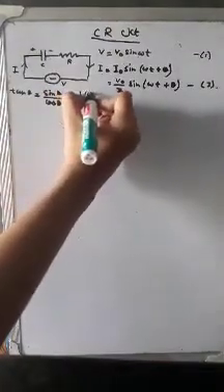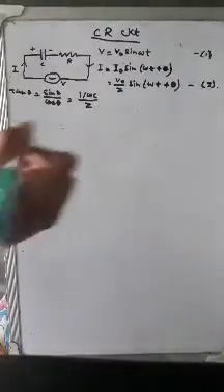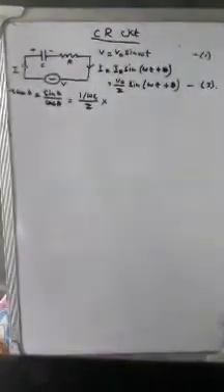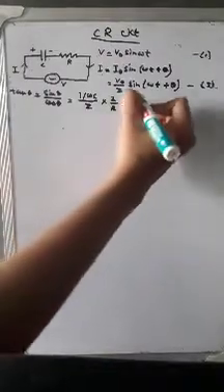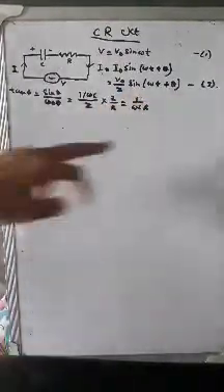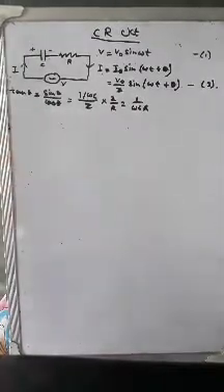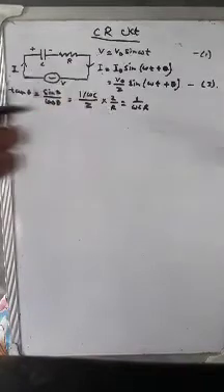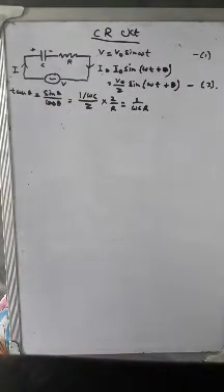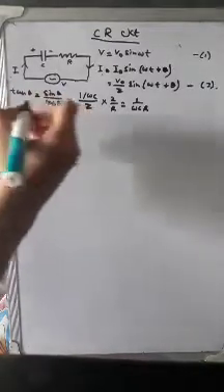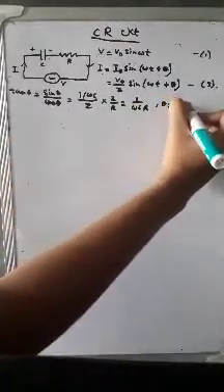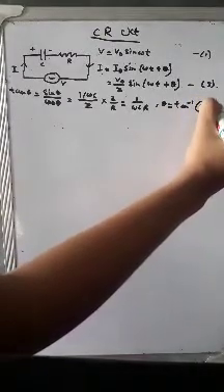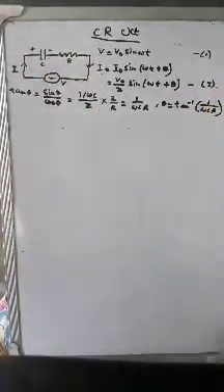Your sine theta's value was 1 by omega C by Z, and your cos theta was R by Z. So it will now get reversed, and you will be left with 1 by omega C R. That is, tan theta equals 1 by omega C R. From this, I can calculate theta: theta equals tan inverse of 1 by omega C R.